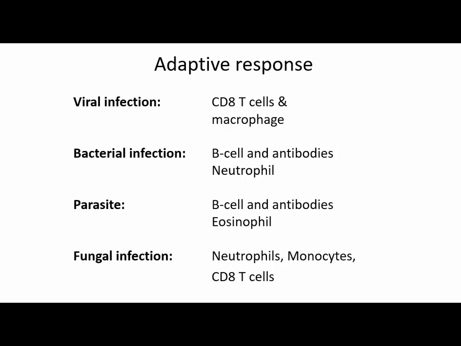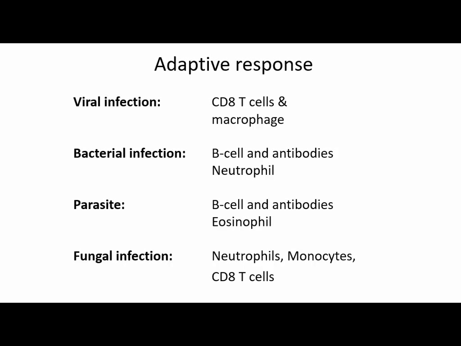Now we're going to move on to what T cells do what. Okay? So, if we have a viral infection, generally speaking, it will involve CD8 cells and macrophages. Okay? They're the cells that are going to kill virally infected cells. With a bacterial infection, what we're going to have is B cells, the production of antibodies, and phagocytes.